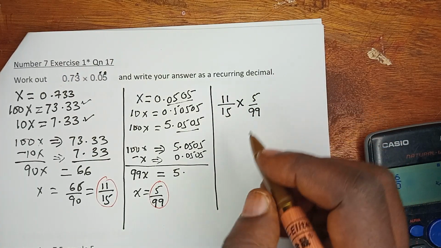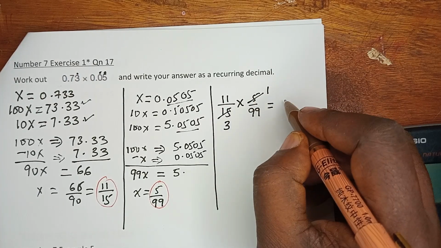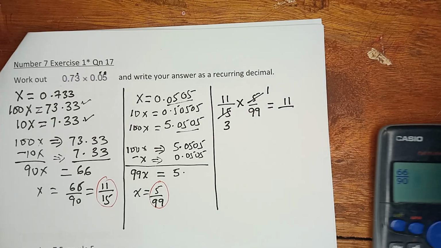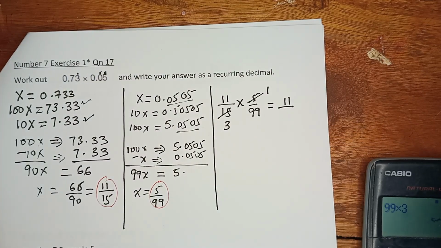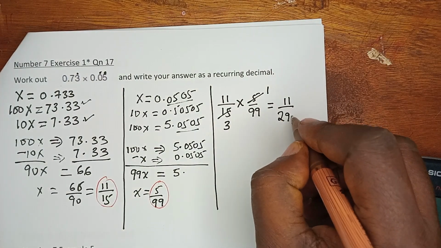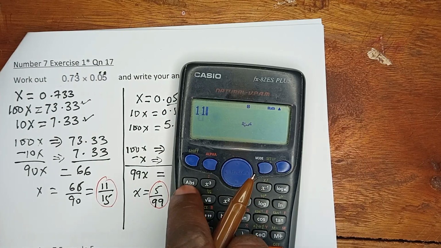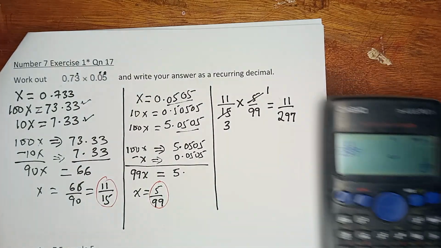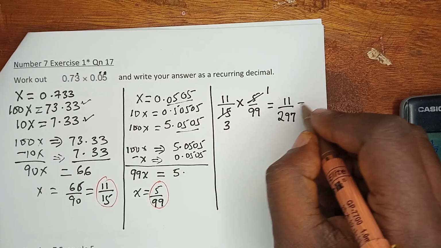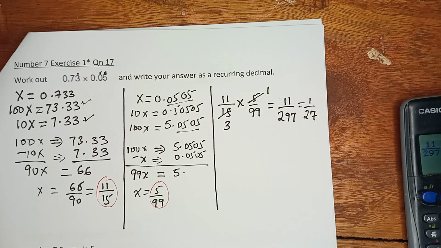Let us simplify this: by 5, 1 by 5, 3, so we have 11 out of 297. And there we are, 11 out of 297 is just 1 out of 27 after simplification. That would have been our answer, which is very accurate.